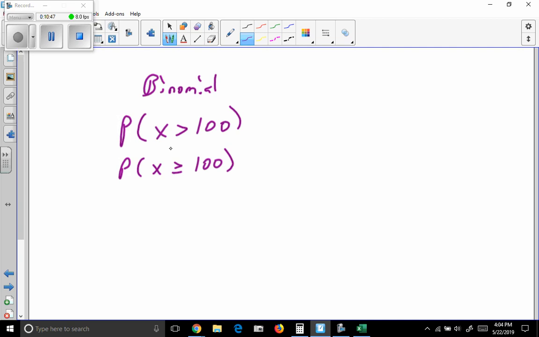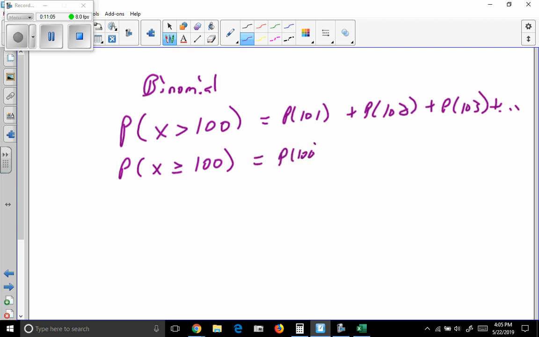So if we say greater than 100, that means 101, 102, 103, etc. If we say greater than or equal to 100, we mean 100, 101, 102, etc. So there are gaps between our numbers, and depending on whether we include our number or don't include it, that's going to affect which one we start with.